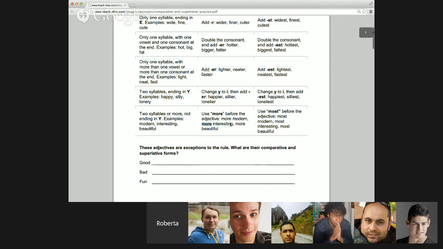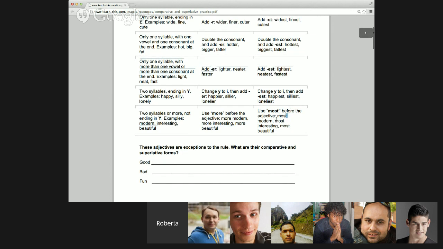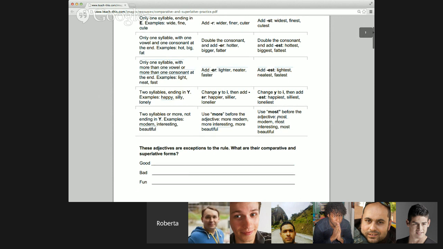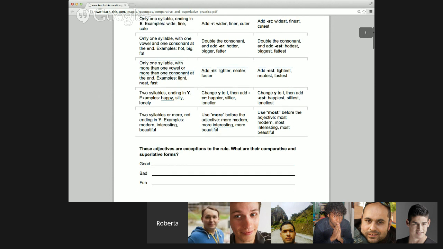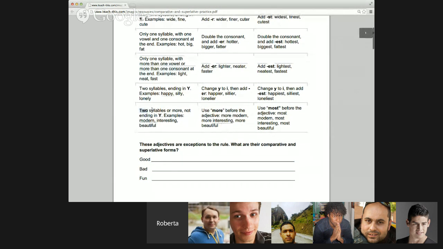You say more interesting or more beautiful. And with most, it's a similar rule for these different adjectives with two syllables or more. You would say most before the adjective: most modern, most interesting, most beautiful. Okay? And we're going to be using these and doing some informal practice, discussing some things in a little bit.